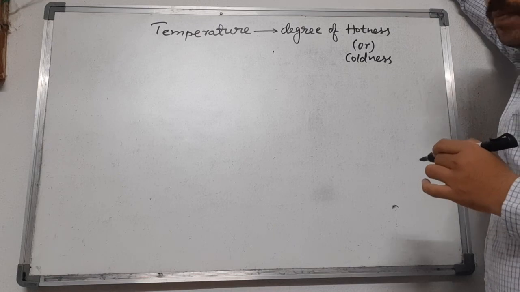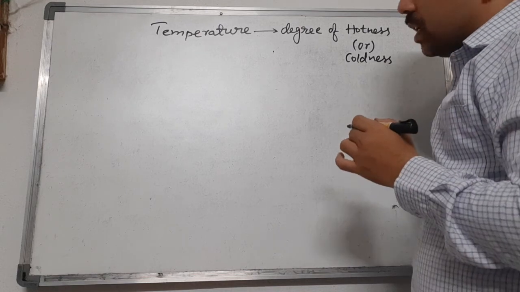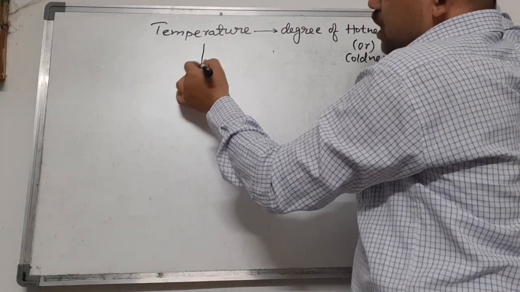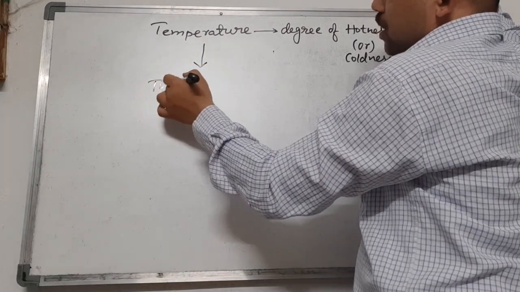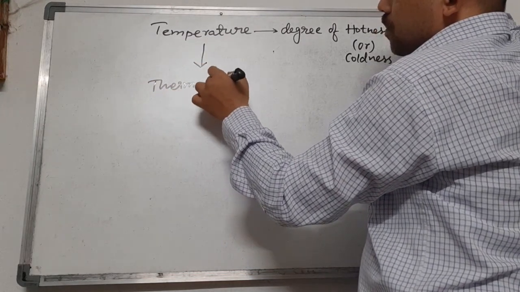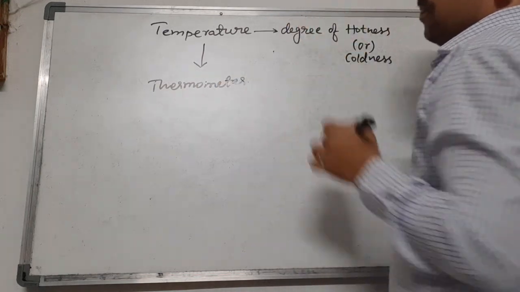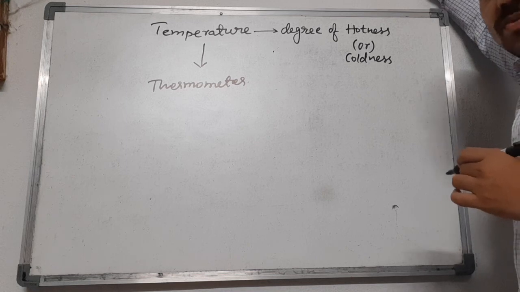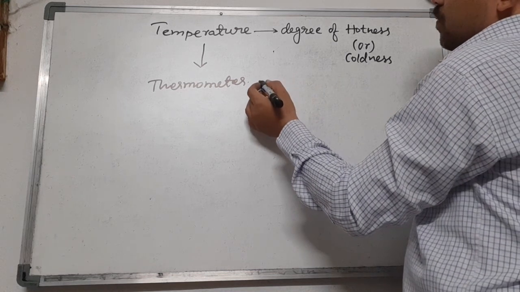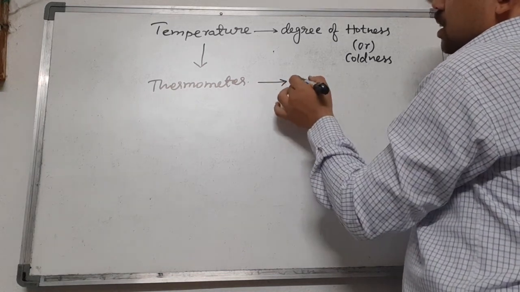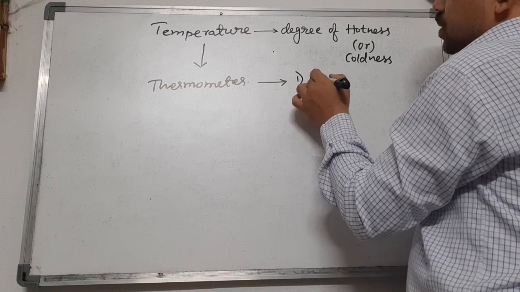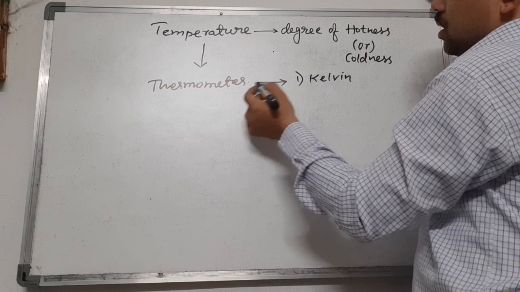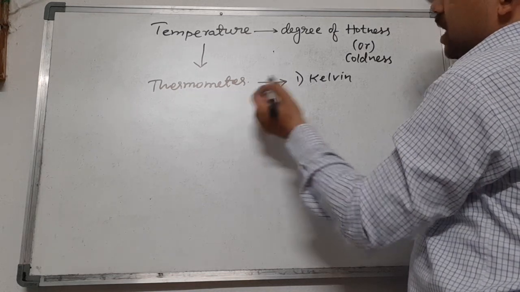And how is the temperature measured? The temperature is measured using a thermometer. Right? And how many types of thermometers do we find? We have different types of thermometers. In thermometers we use different types of scales.